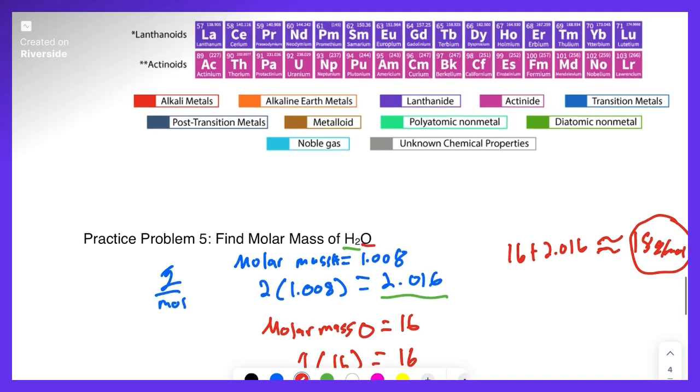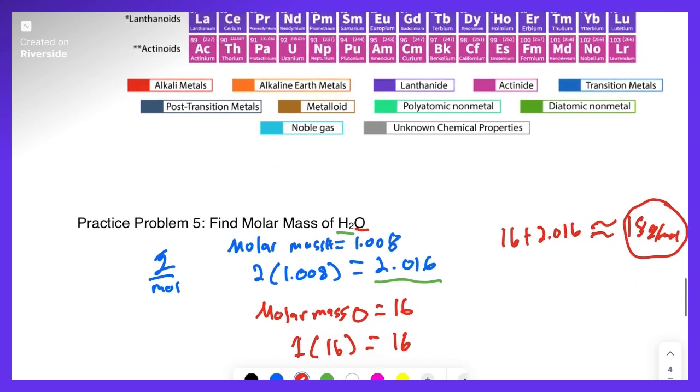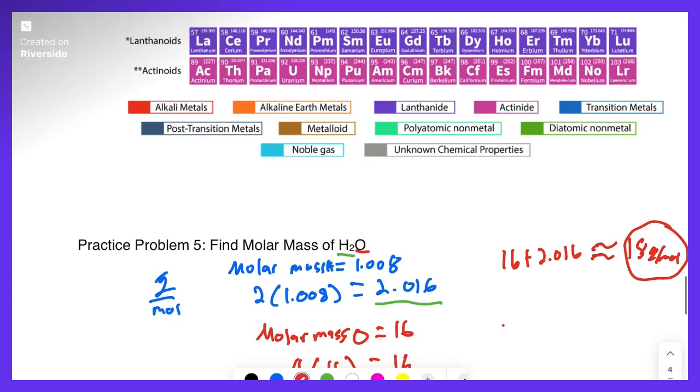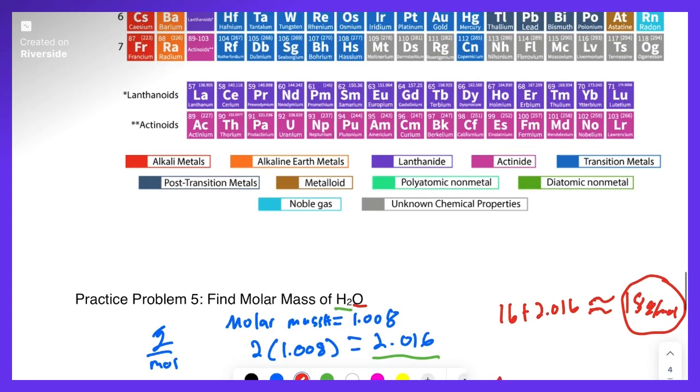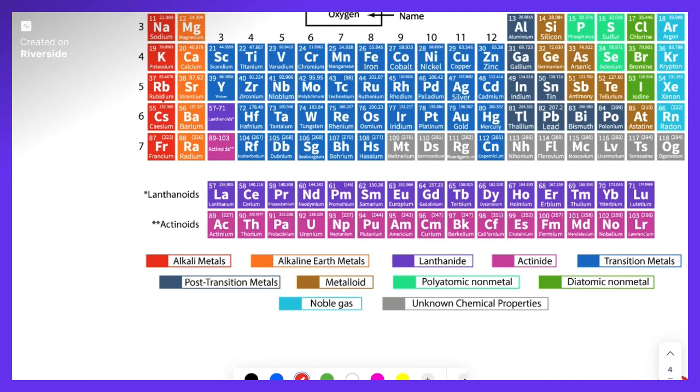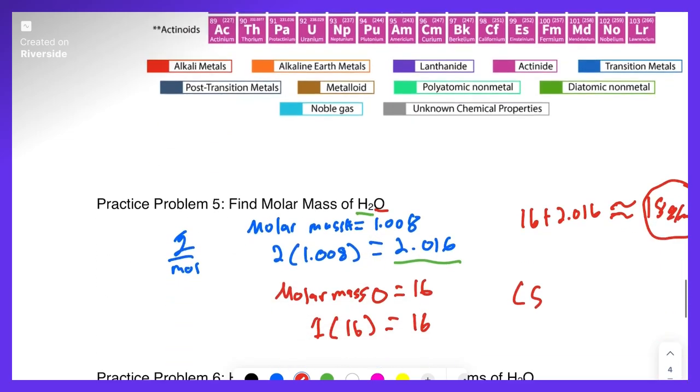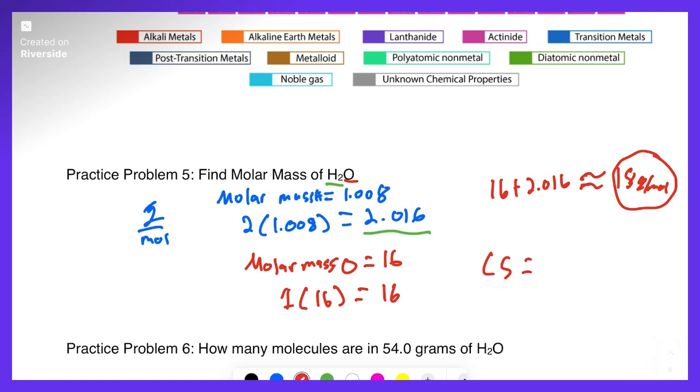To find the molar mass of an element, say we just had to find the molar mass of, let's say, Cs. We just go into the periodic table. As we can see, we look for Cs. It's right here. And we just look at the atomic weight. It says 132.9. So the molar mass of Cs is just 132.9 grams per mole.